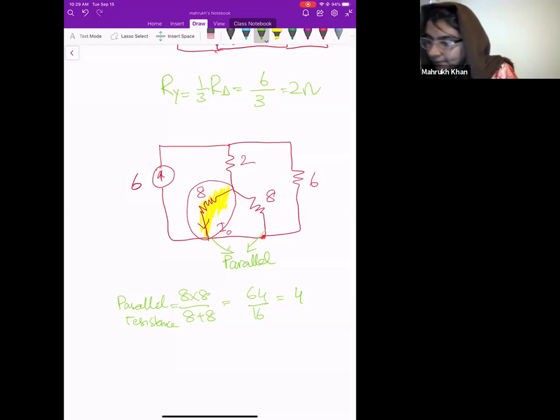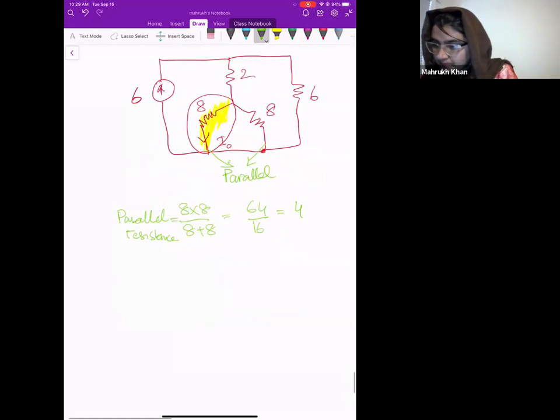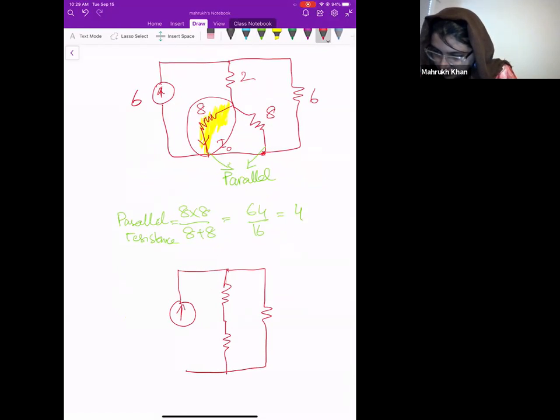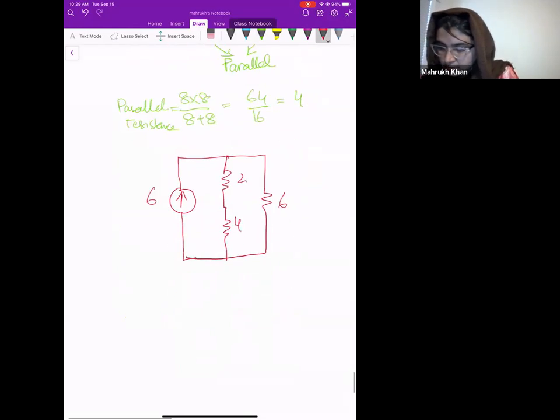Yes. Okay, so this will be 4, and the resultant circuit will be 2, 4, 6, and 6.